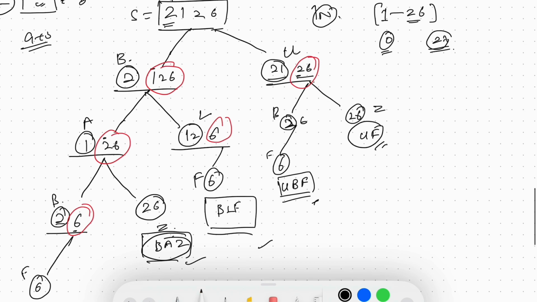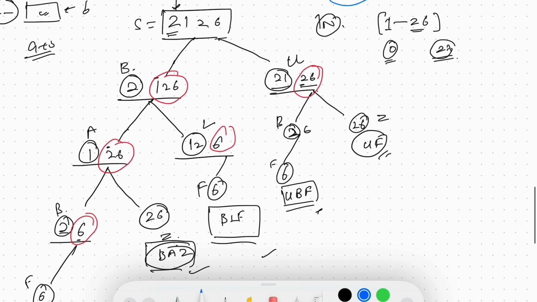So here you can check. You can see that 26 is decoded here and here as well, and 6 is being decoded several times. Here, 3 times. So it means we are having overlapping subproblems.